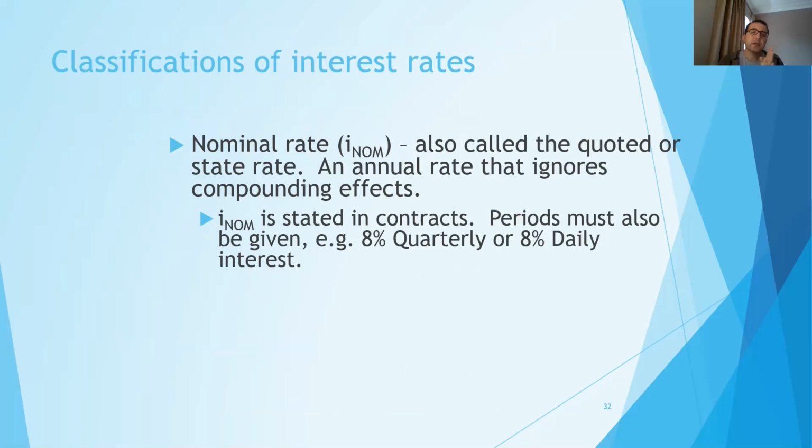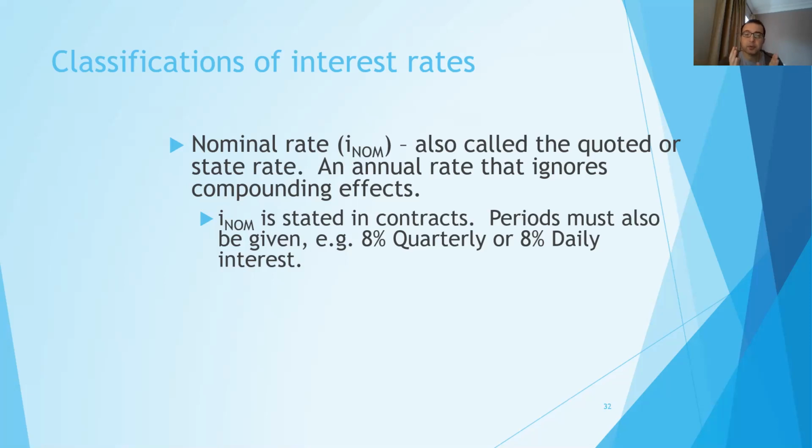Classification of interest rates. We have nominal interest rates, right? So this nominal interest rate ignores the compounding effects. Usually, it's given like the annual nominal interest rate, right? So 8%, if you state it per period, let's say 8%, then you have to say it on a daily, a quarterly, or a monthly basis.